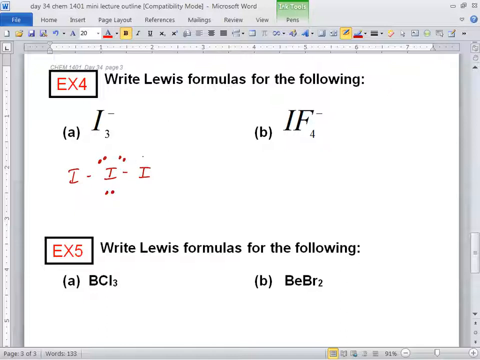It'll help you out for what's coming up. Why do you have 3 lone pairs and Megan has 2 lone pairs?